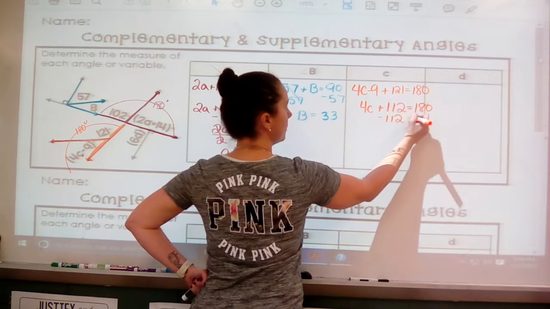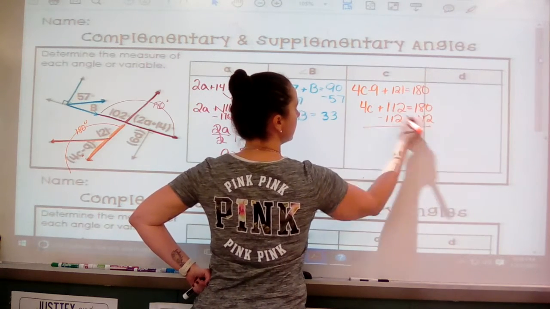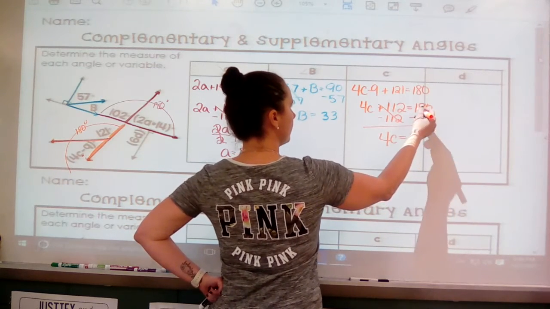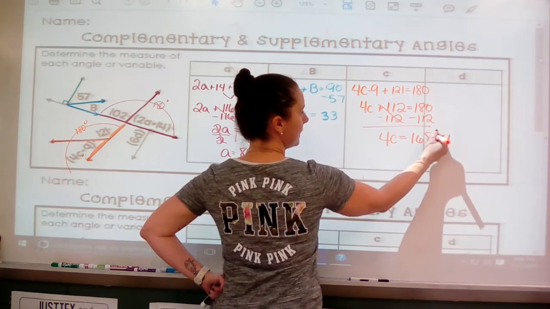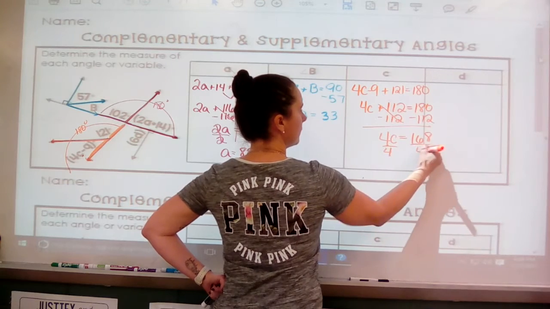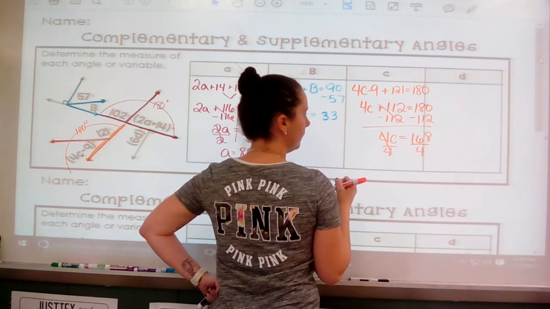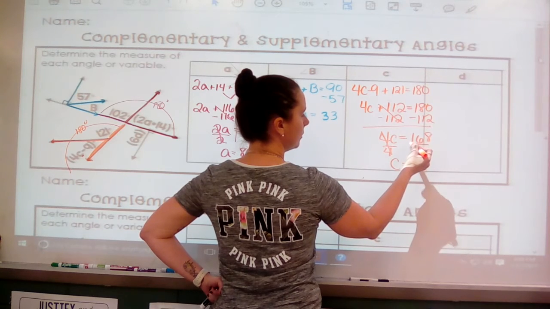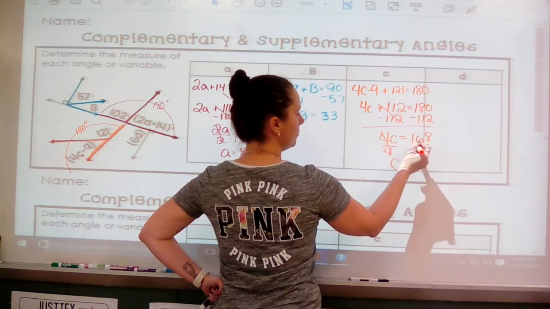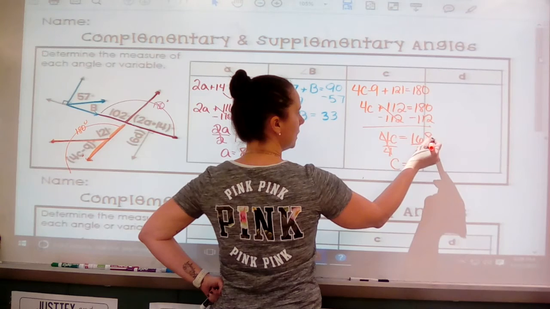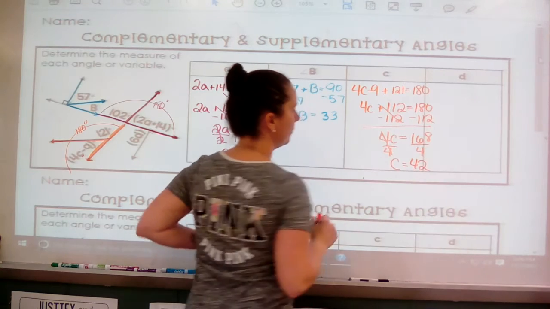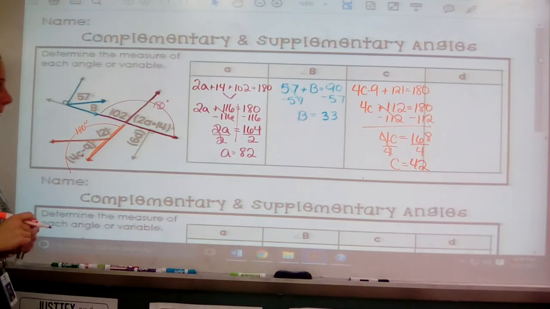I'm going to subtract 112 from both sides, so it's going to give me 68 divided by 4. So C is going to equal 17. Okay?